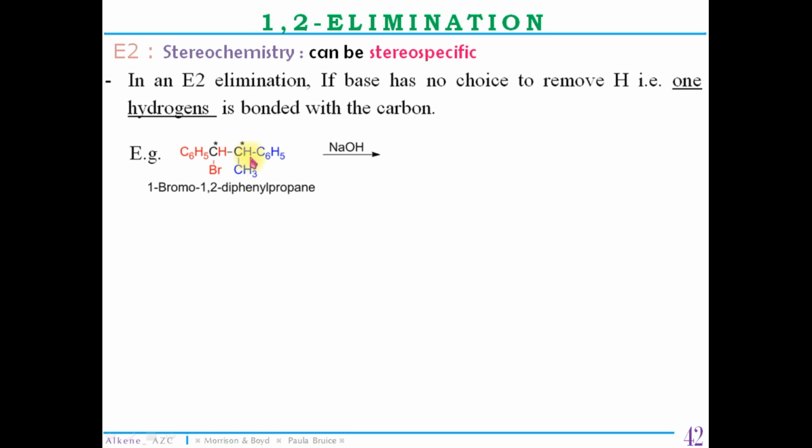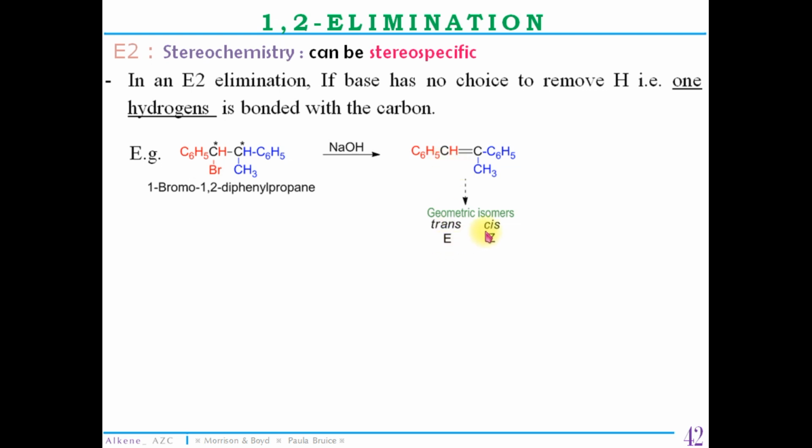So our base has no other choice to remove hydrogen. So the base will abstract hydrogen from this carbon, and we will get a double bond over here. So there is formation of only one single product.